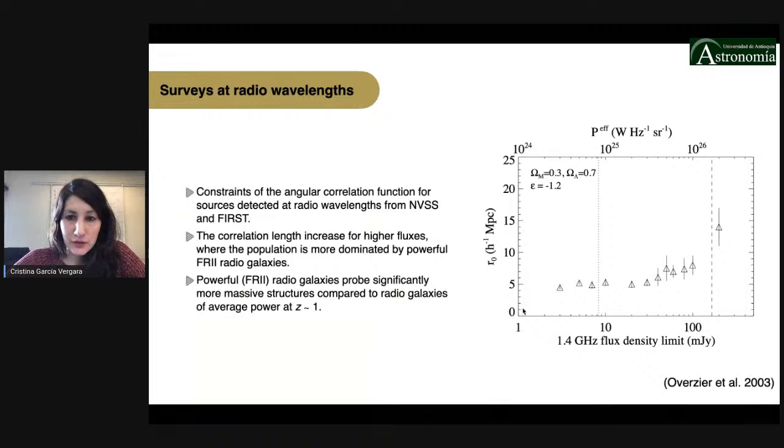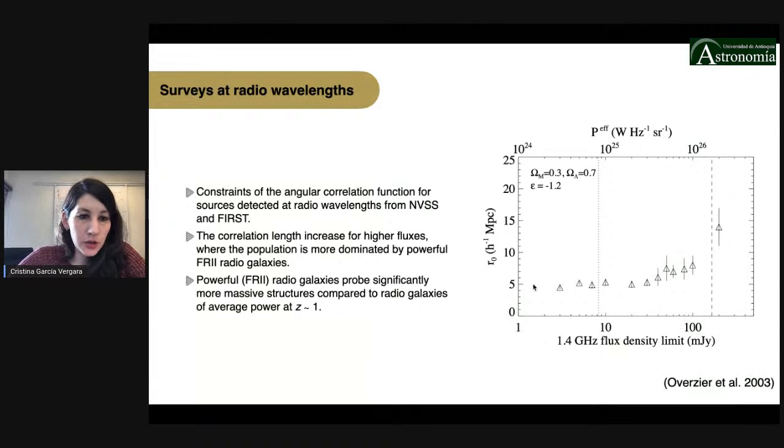They measured the clustering for different subsamples based on the flux density of the subsample. Then here we have fainter samples, and here are the brightest ones. And what they detect is an R0 value around 5 megaparsec over h. Then it's not very different from the previous value that we have been talking about.